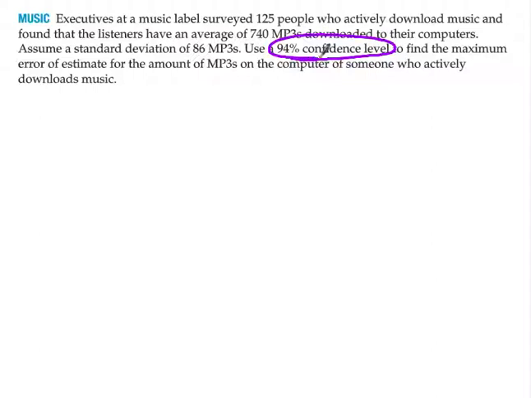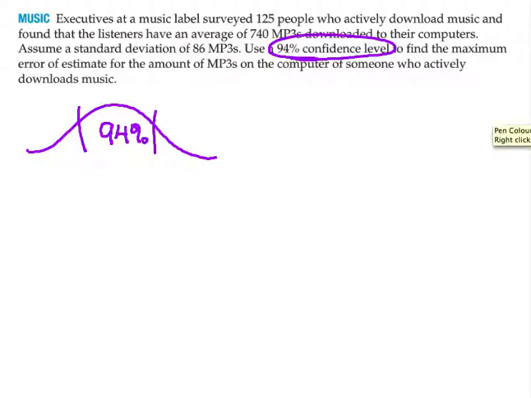So we need to go ahead and draw this out. What this means is that I want the majority of the data to be here, 94%. And if I want the majority of data to be there, what percent is left for the other two areas? 3%. Very good. So what I'm finding is the value on the right. This is the value you always take. And what percent would be to the left of that? 97%.